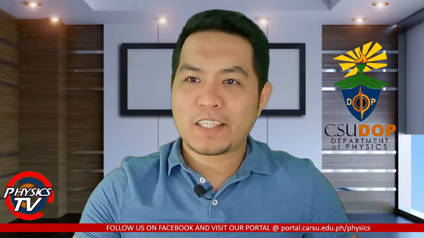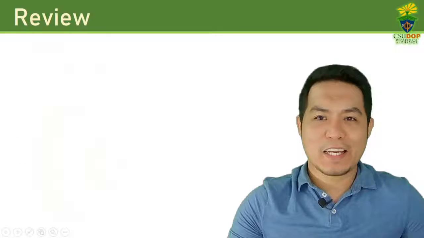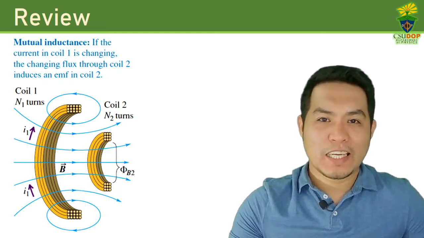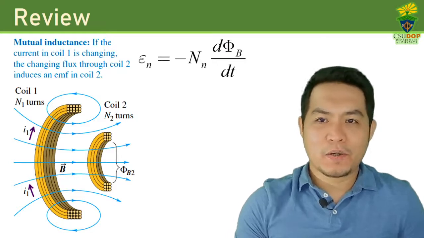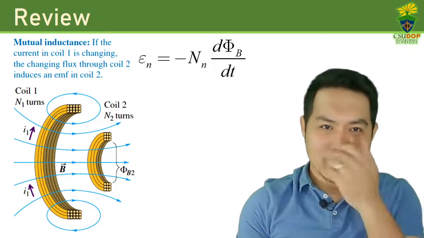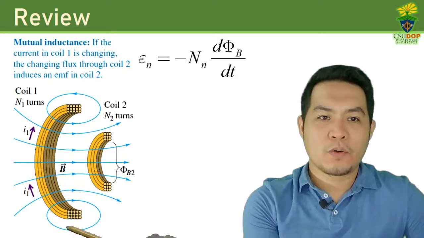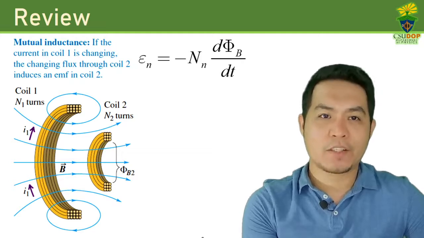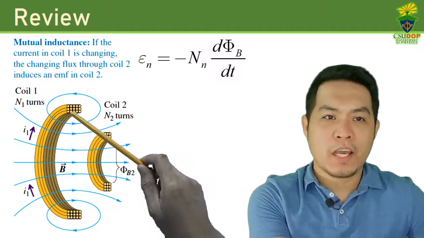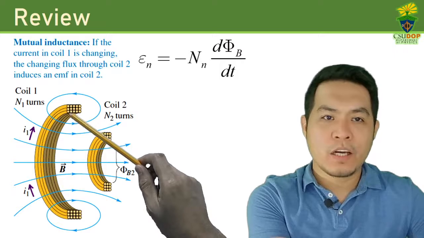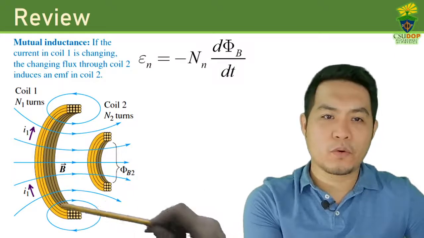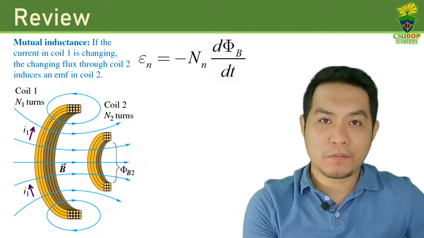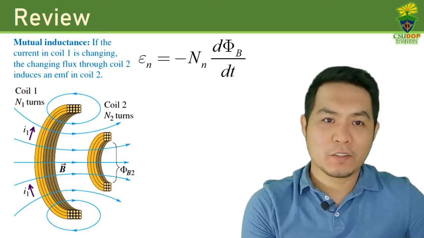So for this last lesson, we need to review the concept of mutual inductance. In your lesson on inductance, if you have two coils with varying number of windings or turns, and current is flowing through, say, one coil, then it will induce a magnetic field on the second coil.